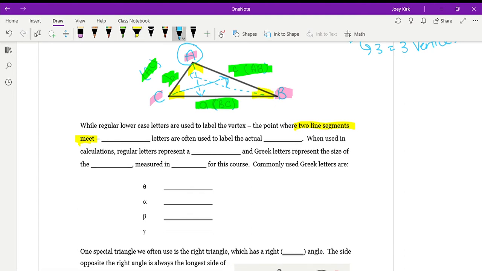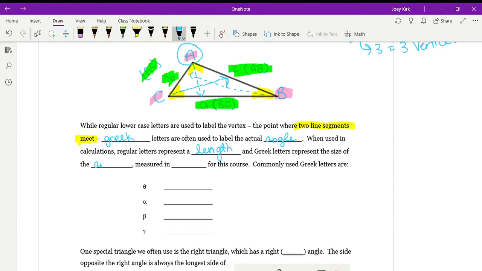We use Greek letters often, not always, but Greek letters are often used to label the actual angle. When used in calculations, regular letters represent a length, and Greek letters represent the size of the angle.